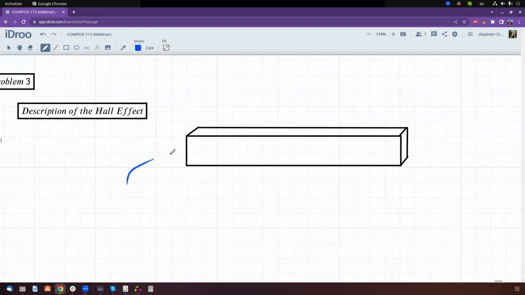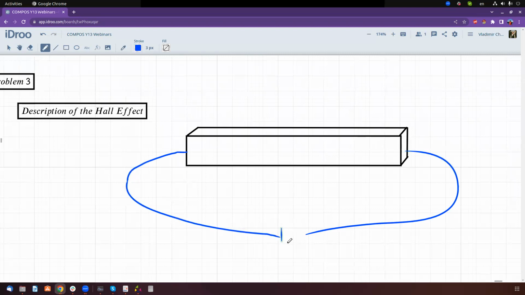So let's say it's connected by a wire like this to a battery, battery plus minus. So you have electrons flowing through the conductor.